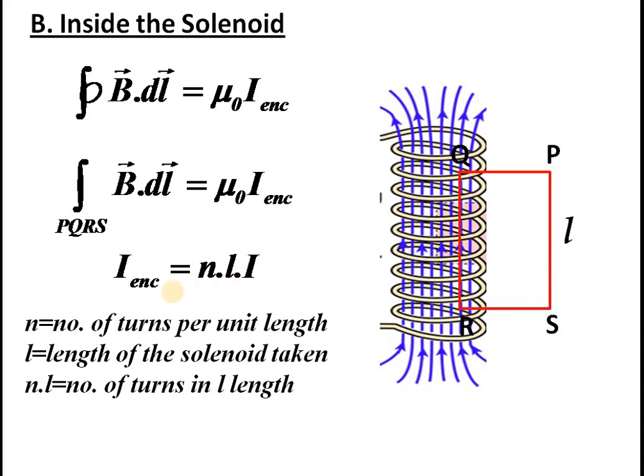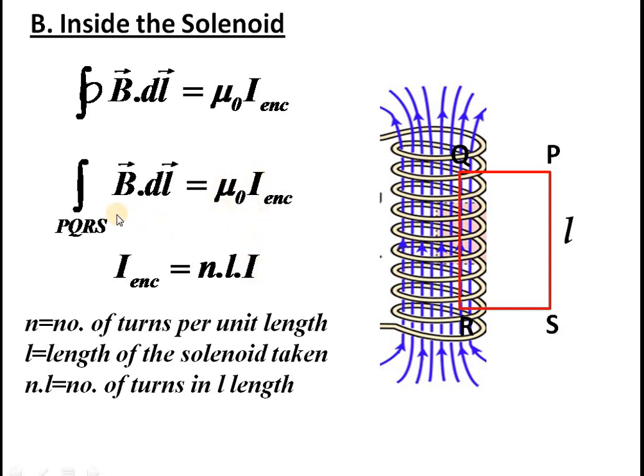This is the number of current carrying wires passing through this closed path, so that many times the current. Current through a single wire is I. So current through n l wires will be n into small l into I. The total current enclosed by the closed path PQRS becomes n l I.